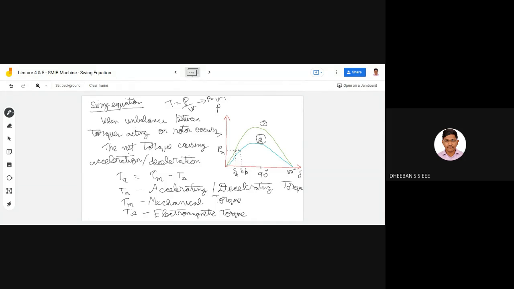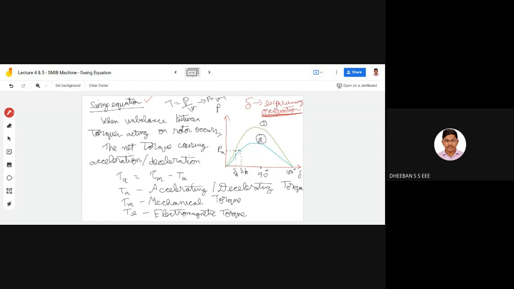So if the rotor angle, delta, is experiencing any kind of oscillation, then these oscillations are mathematically given through your swing equation.